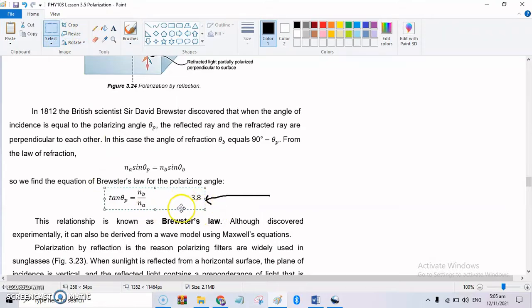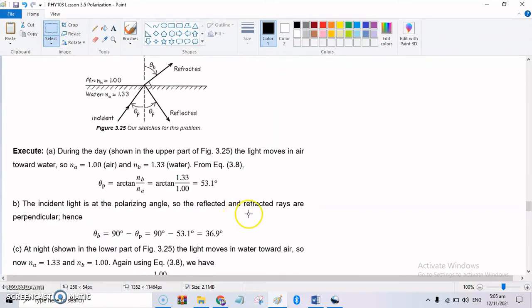From this equation, tan theta p equals Nb over Na, which is 1.33.